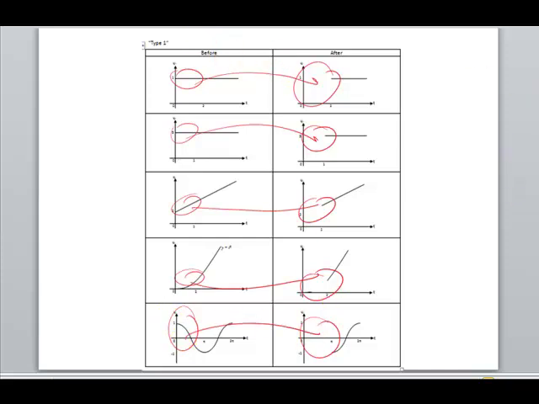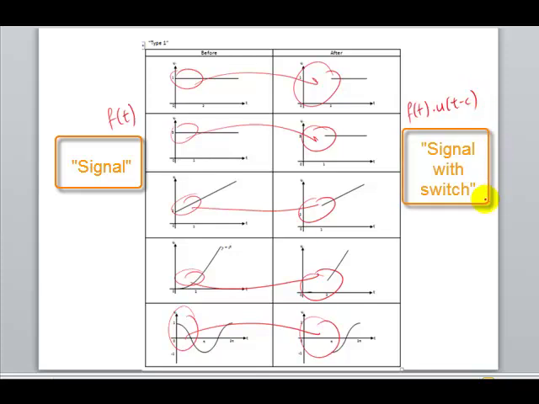So for this type of graph, in this column we have all the function signal, and in this column the front part is chopped off because of the switch function, the unit step function.